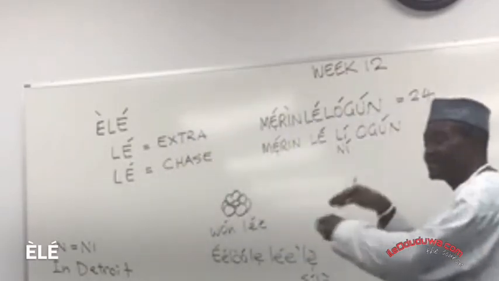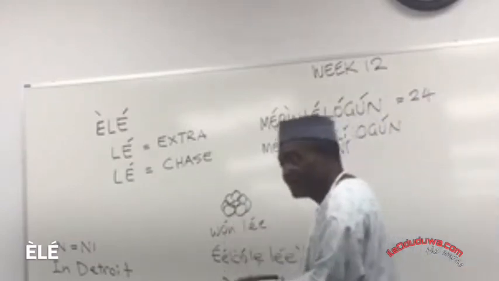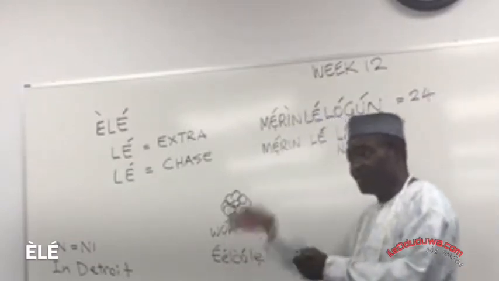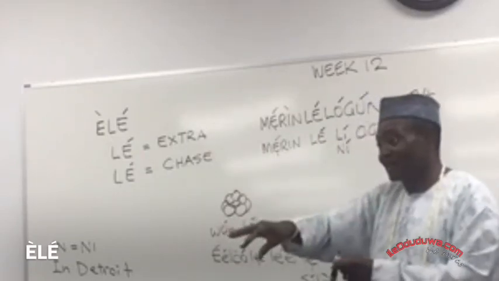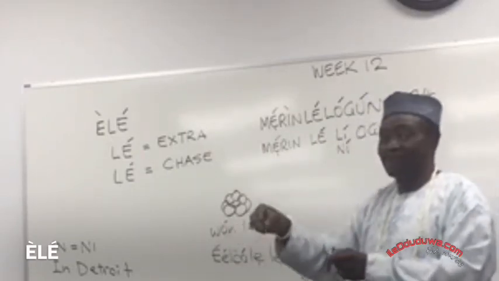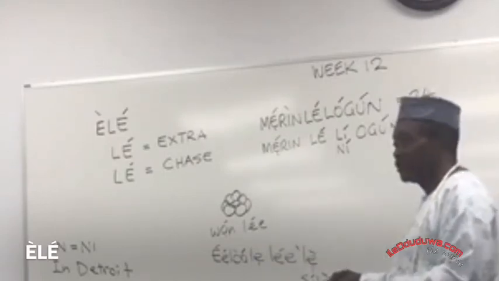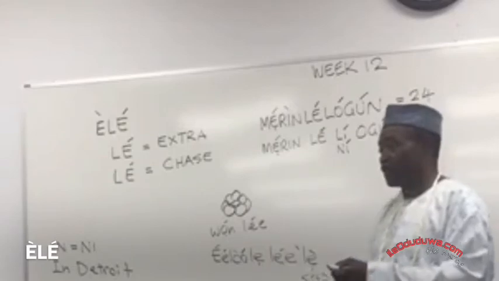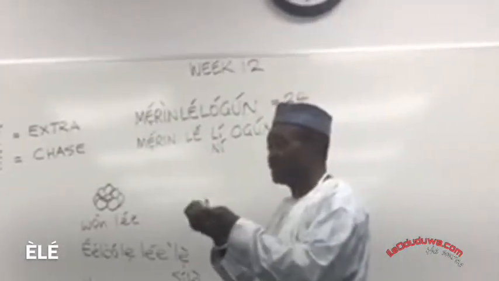Ele is how much of it is put on top. I give you amala, then I give you extra amala on top of it because you're a good customer. So how much of the extra did I give you? Or I give you popcorn, I give you extra popcorn on top of it. So you count the extra.